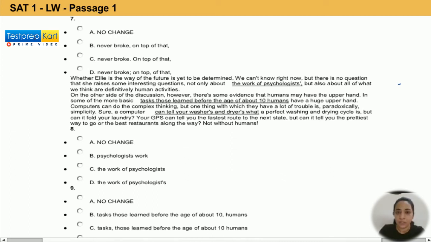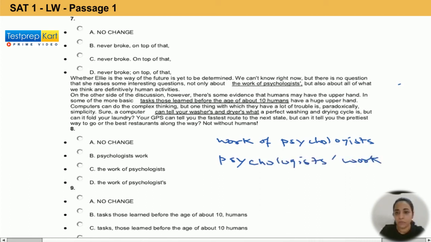The issue is, why do we have this apostrophe, right? What are the right ways? Either I want to say the work of psychologist, that means the work that belongs to these people. Or if the work belongs to all of them, then we'll say psychologists' work.